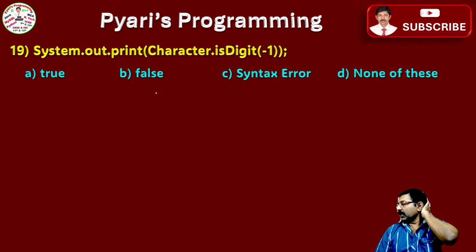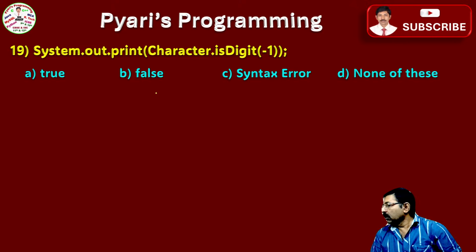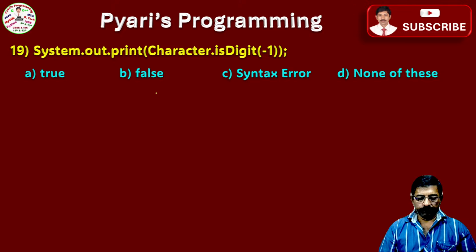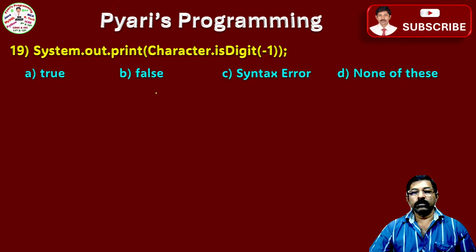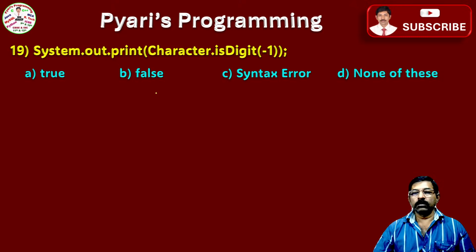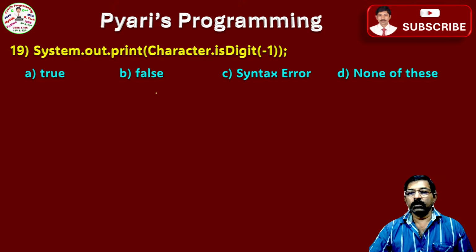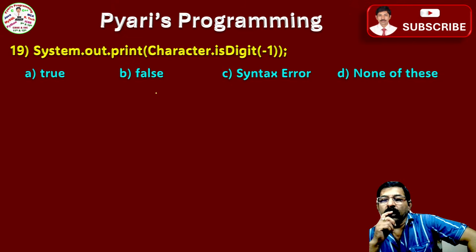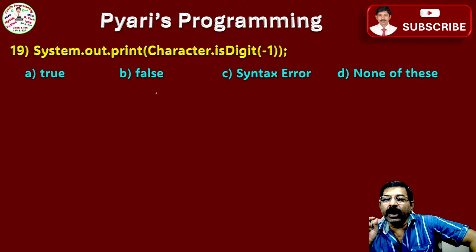So according to this, what is the answer? Now what will be the answer? I think, Vaishali, I told the rotational ASCII value: an integer or character can store up to a certain range.